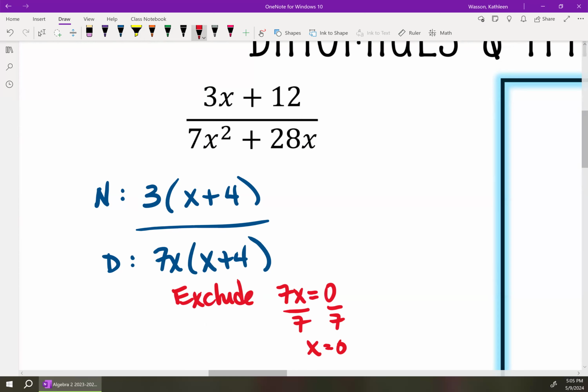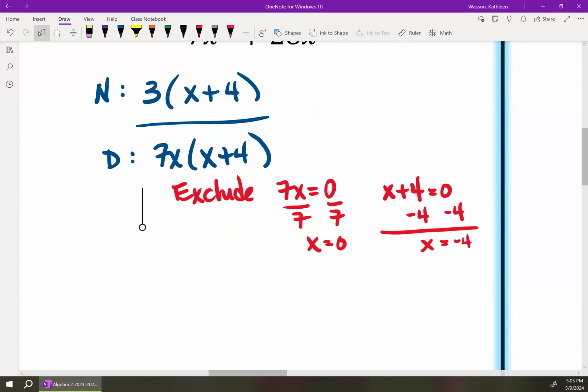My denominator would be 0 times x plus 4. I also can't allow x plus 4 to be equal to 0. That means x cannot be negative 4. So the values that I'm excluding for x are 0 and negative 4. Either one of those would make the denominator 0.